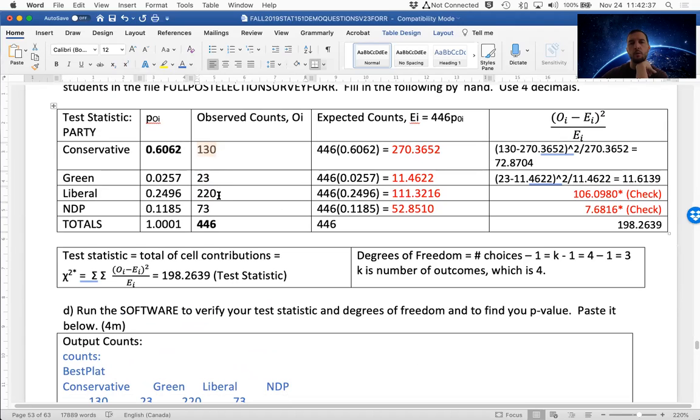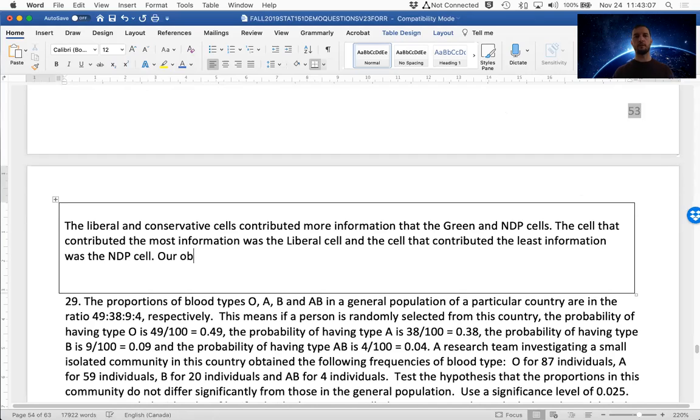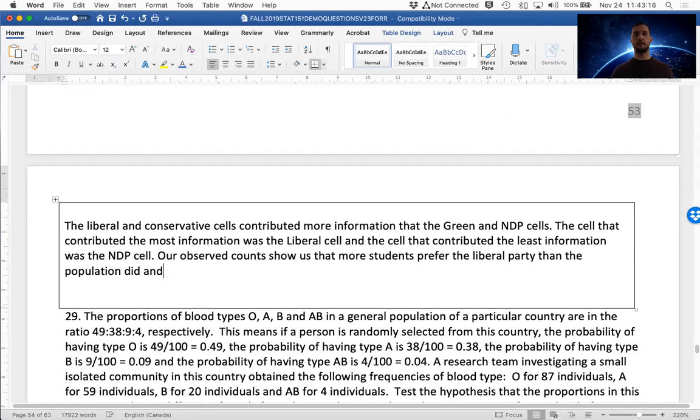So basically what we can see from comparing the observed counts to the expected counts directly, is that more students are voting liberal than the population did, and fewer students are voting conservative than the population did. So our observed counts show us that more students prefer the liberal party than the population did, and that fewer students preferred the conservative party than the population did.